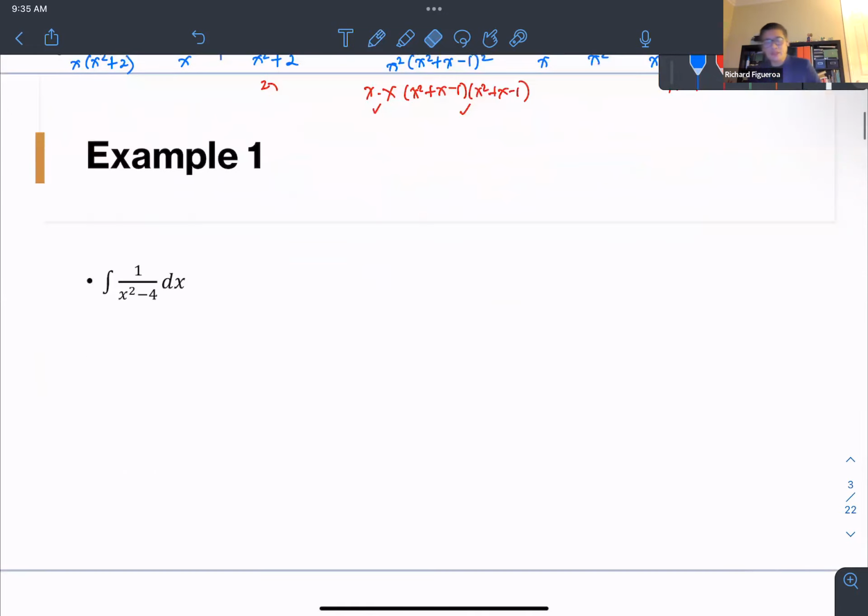Okay, so let's have the first example. We have the denominator, which is x squared minus 4. Question: is x squared minus 4 factorable or not? What's the factor of x squared minus 4?